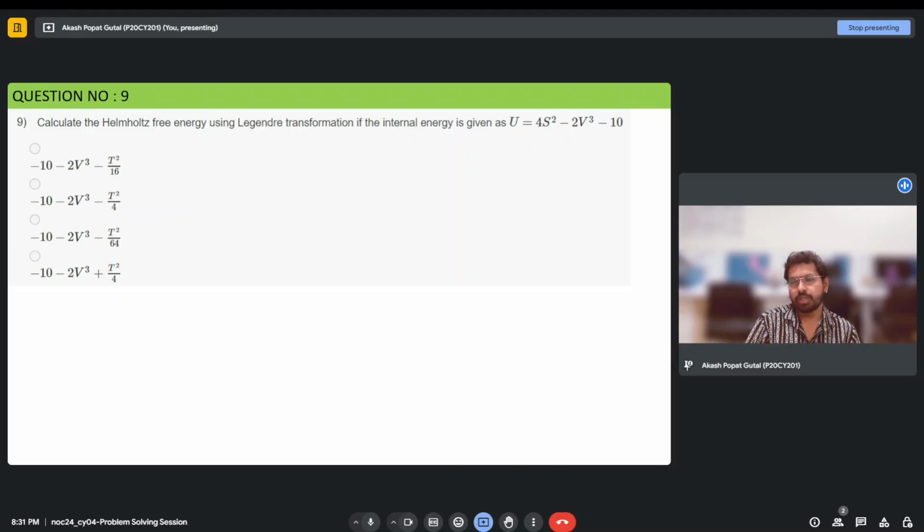I don't know how the answer is given. It's one of the four, but I don't know why someone gets an answer for this question. It's fundamentally wrong.